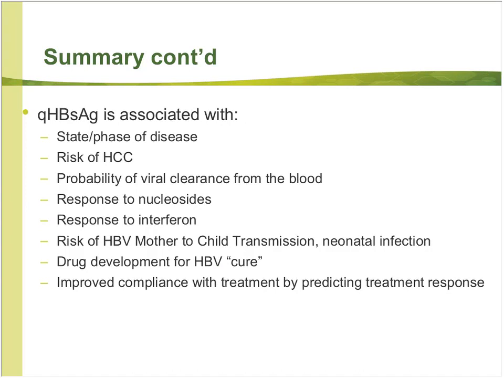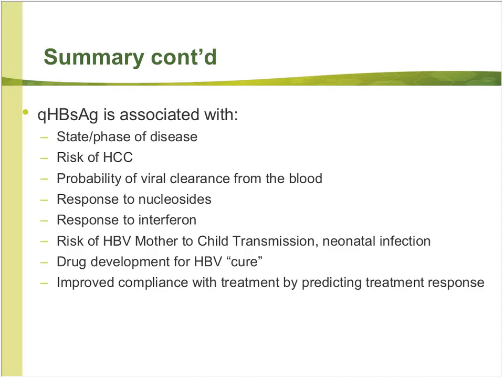And I also like S antigen during treatment, especially with nukes, to enhance patient compliance. If the decline is taking place, you really can boost that patient's confidence that they may be clearing S, say, on a nuke therapy.